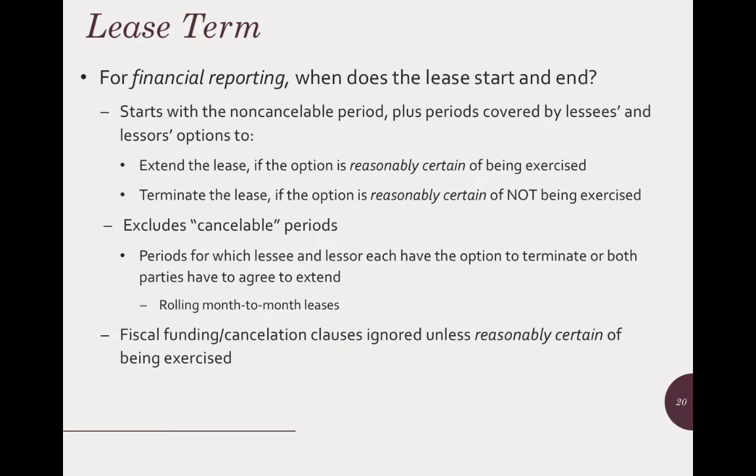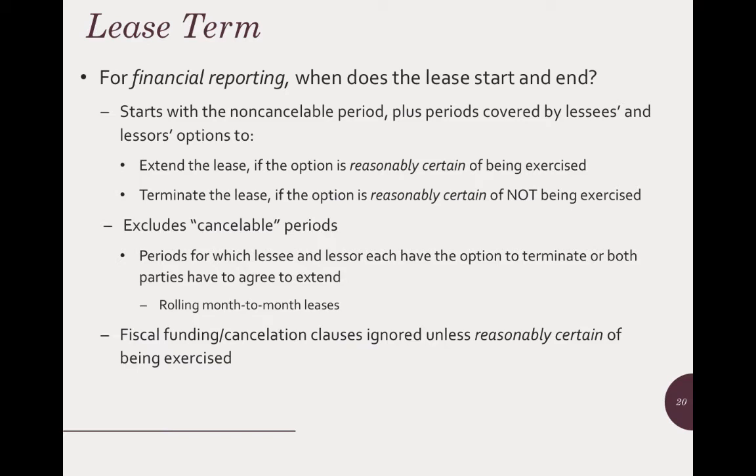So the place that it begins with is whatever the non-cancelable period is for the lease. So if it's a 10-year lease, you're beginning with that 10-year period if there are no options to cancel during that period. And then you're going to take into consideration whatever options the lessee and the lessor has.